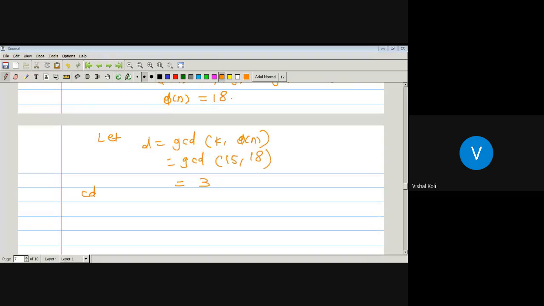So consider a to the power phi of n divided by d, which is 7 to the power 18 divided by 3, that is 7 to the power 6 modulo 19. What is 7 to the power 6?